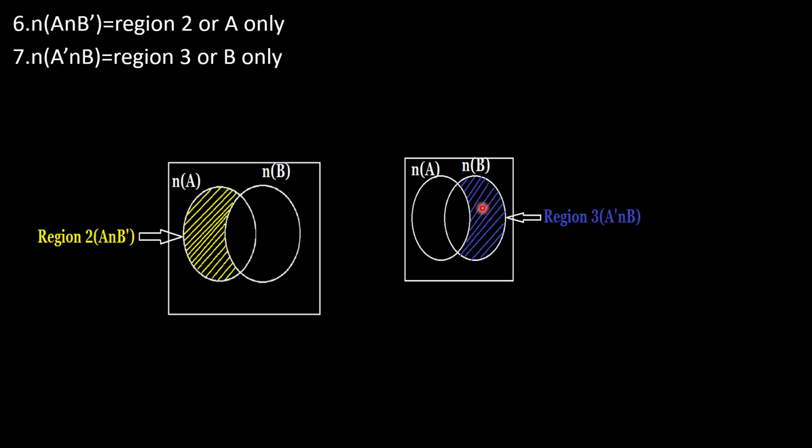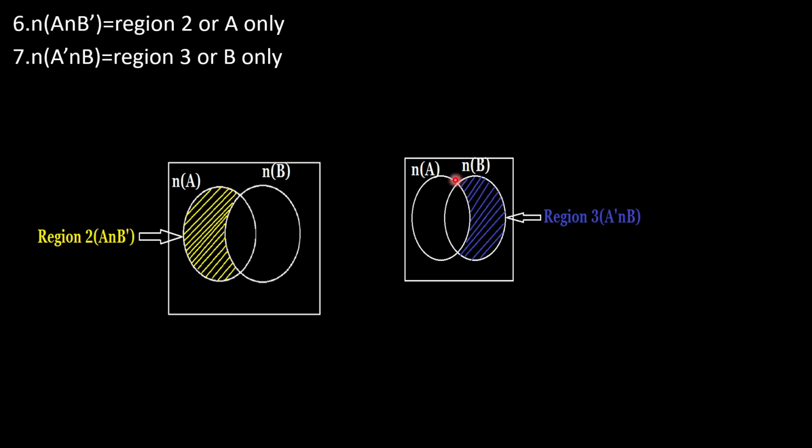So when we are asked to find a complement set intersection a non-complement set, like A complement intersection B, just take the set with the complement out. Take the set which has the circle of the complement out. So let's say A complement intersection B. It means take the circle of set A out.